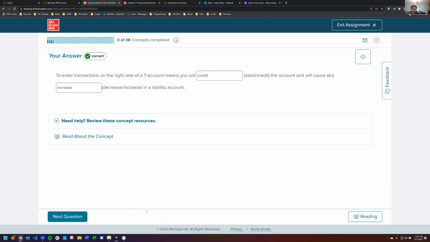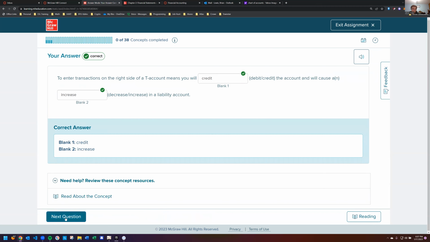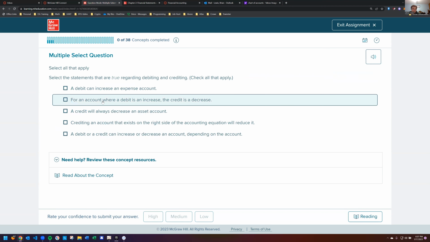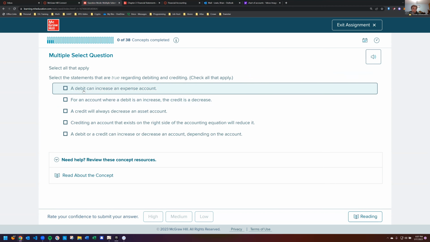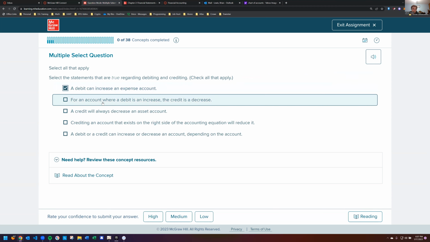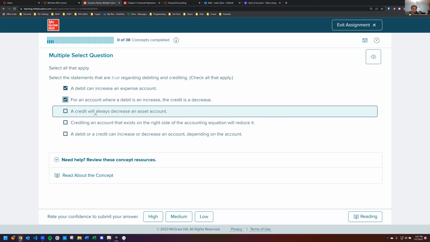Okay. High. Good. Okay. Select the statements that are true regarding debiting and crediting. A credit can increase an expense account. Expense accounts have normal debit balances. So yes, an account where a debit is an increase, the credit is a decrease. That's correct. A credit will always decrease an asset account. Credit will decrease, yes.